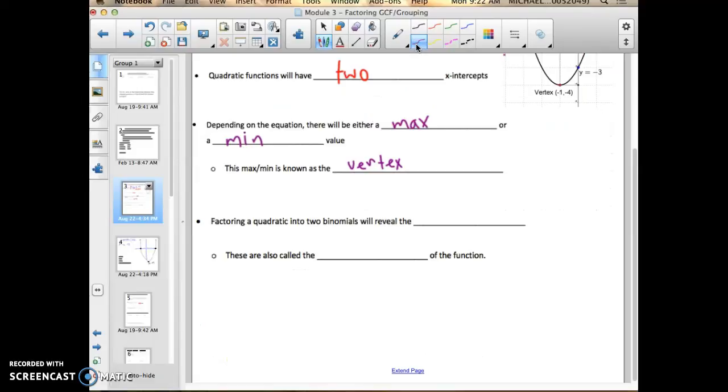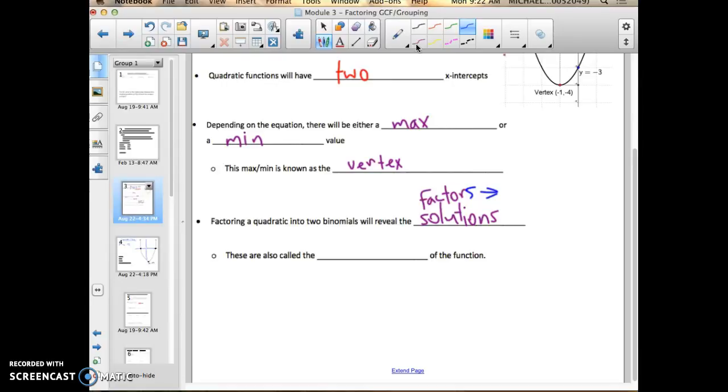And then finally, factoring a quadratic into two binomials will reveal the factors, not with a T. And then these lead into finding the solutions. So that's why factoring is so important.